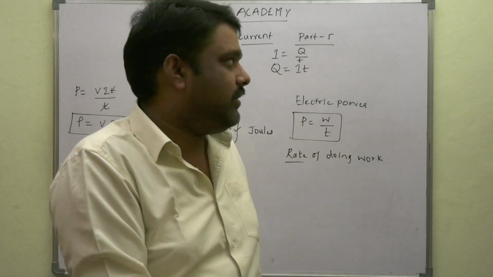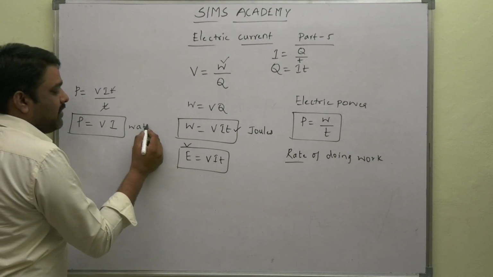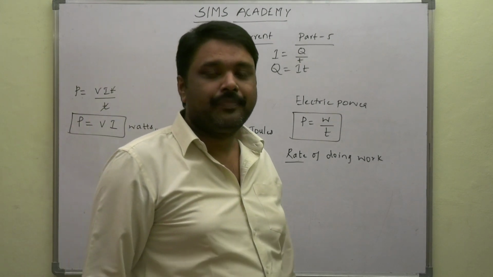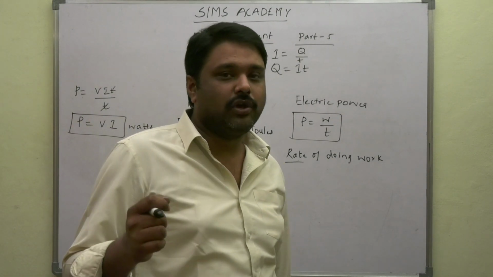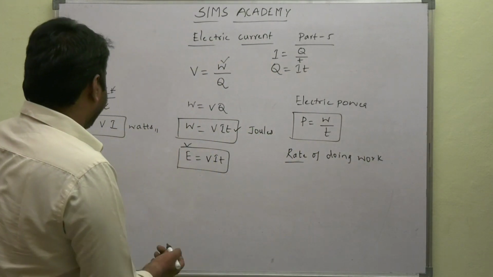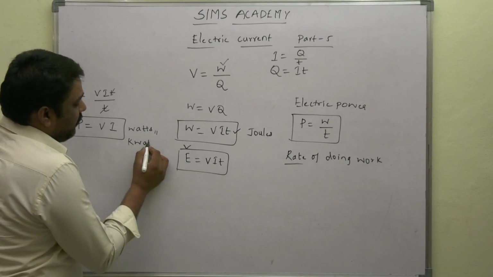In the SI system, power is measured in watts. For higher amounts of power in electrical current, we mention it as kilowatts.